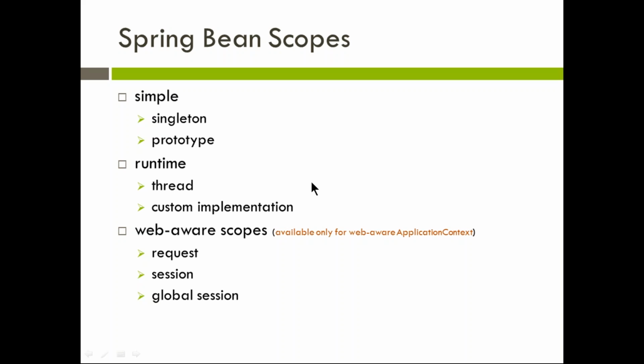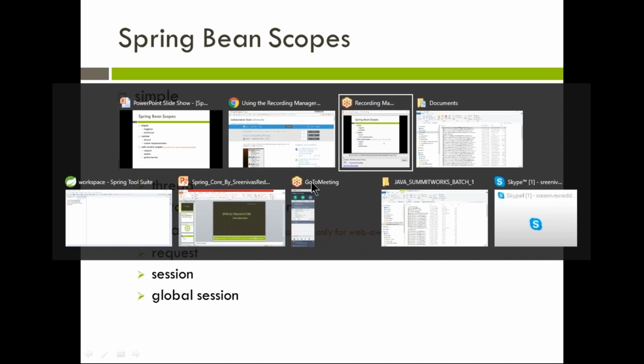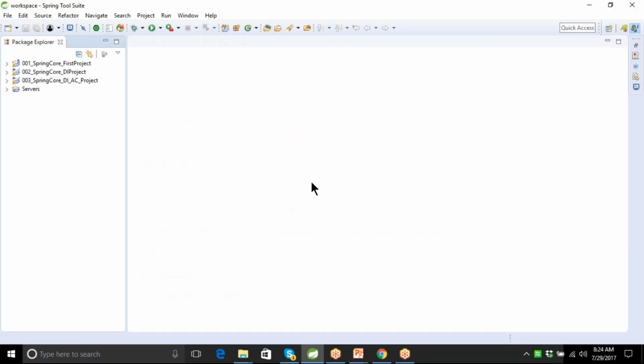All right, going back to yesterday's sessions. So far we are familiarized with building Spring applications. We have seen the standard approach of downloading the jar files and adding them into the application.